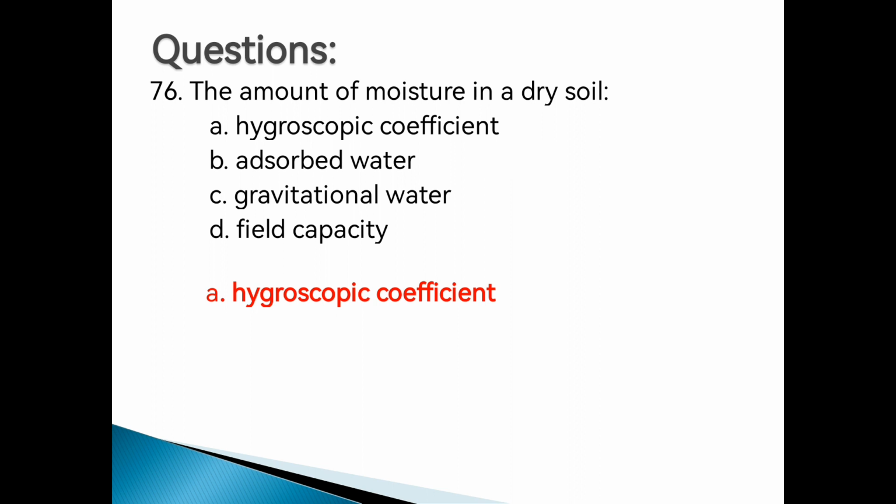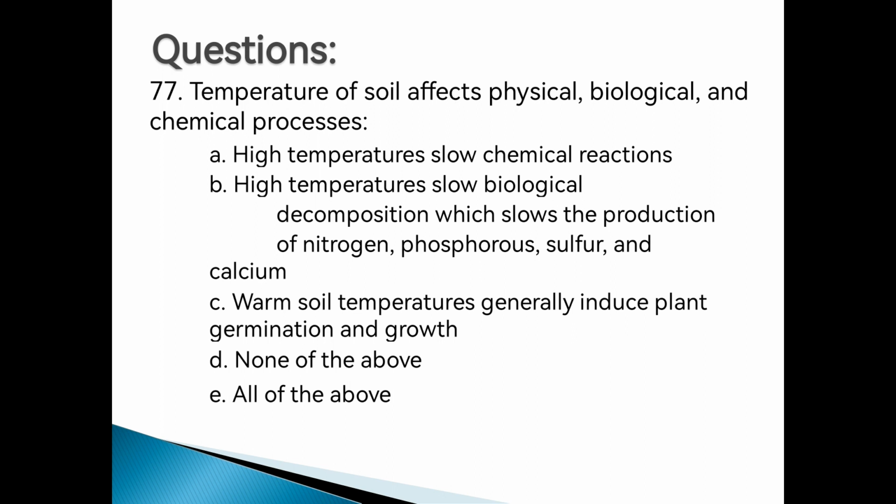Hygroscopic coefficient. Number 77. Temperature of soil affects physical, biological, and chemical processes: A. High temperatures slow chemical reactions, B. High temperatures slow biological decomposition, which slows the production of nitrogen, phosphorus, sulfur, and calcium, C. Warm soil temperatures generally induce plant germination and growth, D. None of the above, E. All of the above.